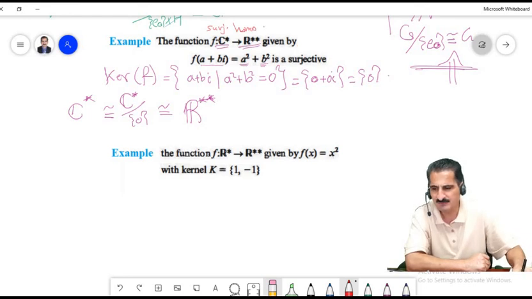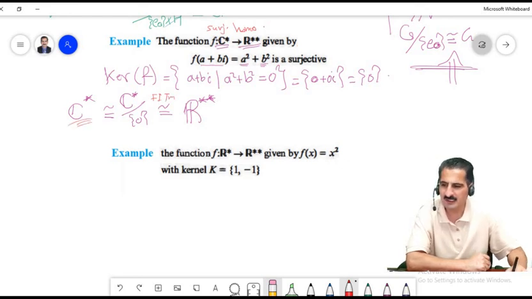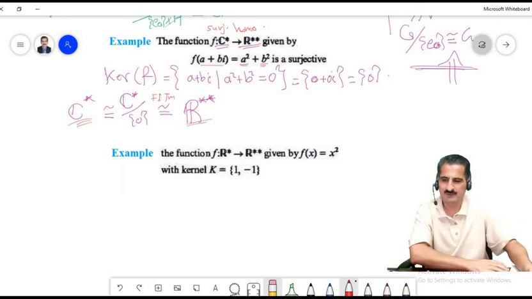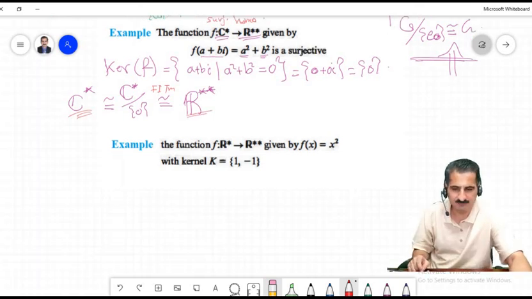So by the first isomorphism theorem, we get that the complex numbers are isomorphic to the group of positive real numbers.